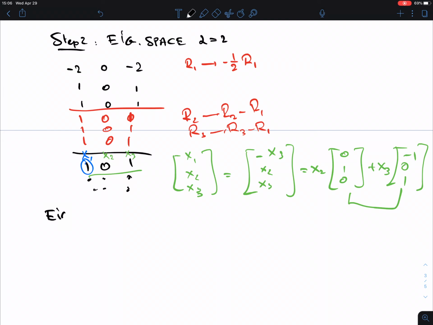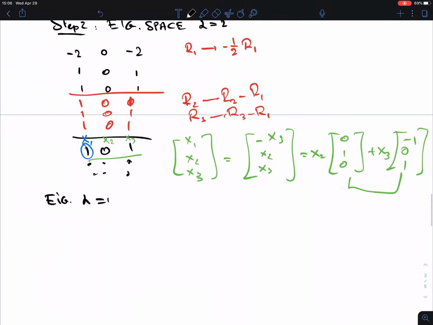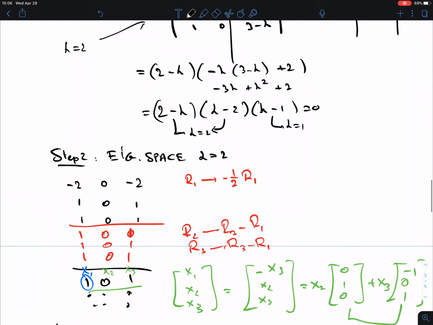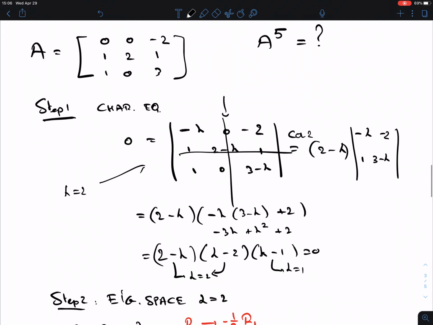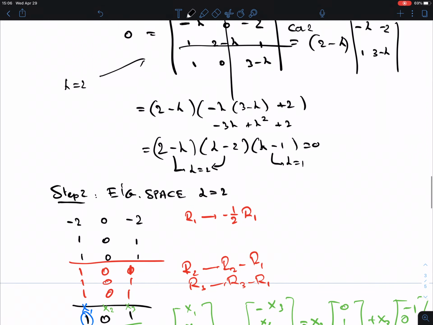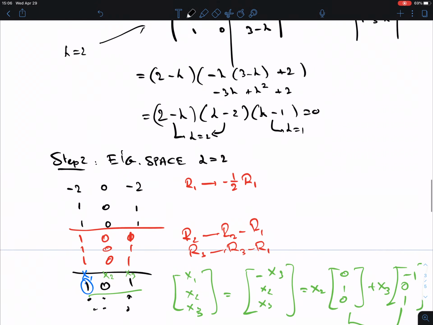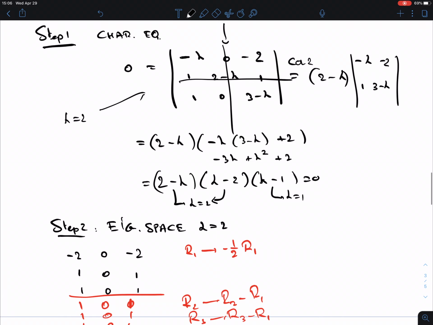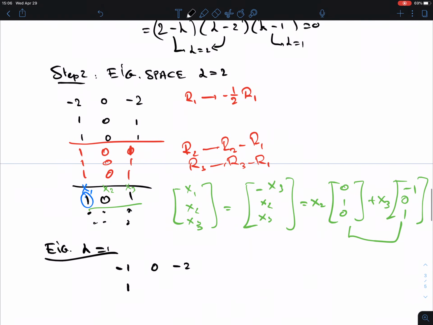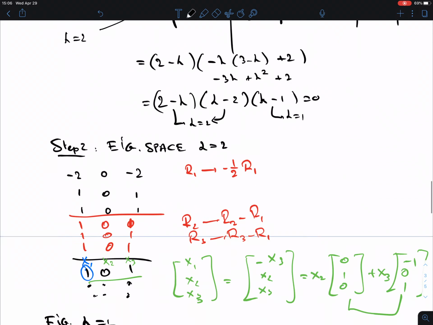We have the right amount, because we know that lambda equals 1 is not going to cause any problems. It's going to give us just 1, which is what we need. So we put in lambda equals 1, and we get minus 1, 0, negative 2; 1, 1, 1; and 1, 0, 2.